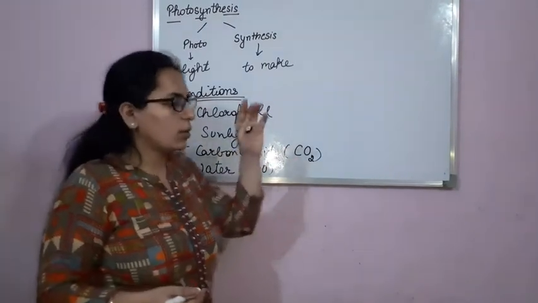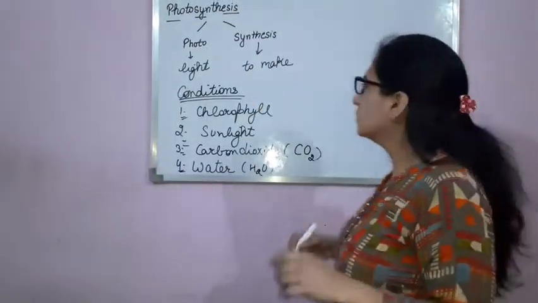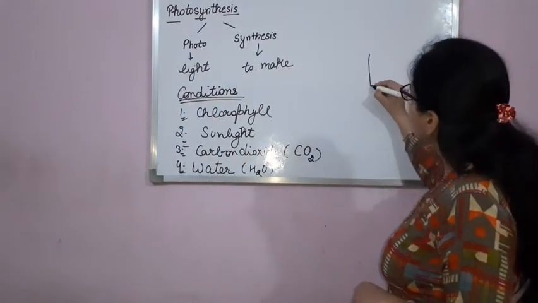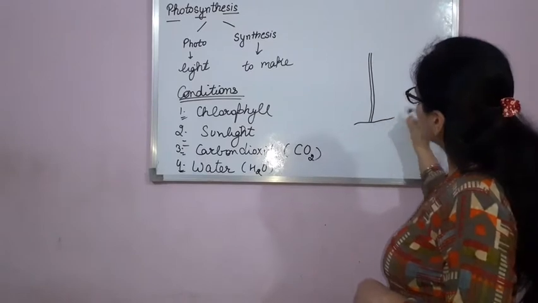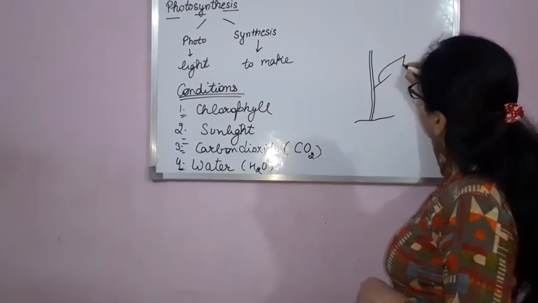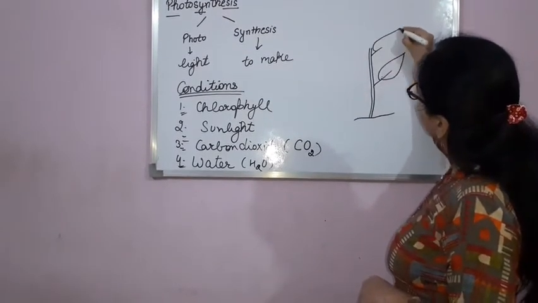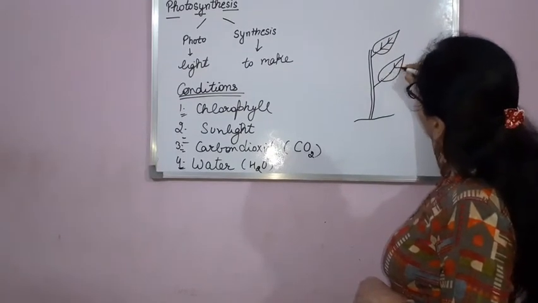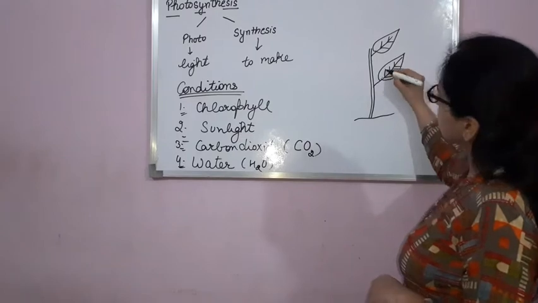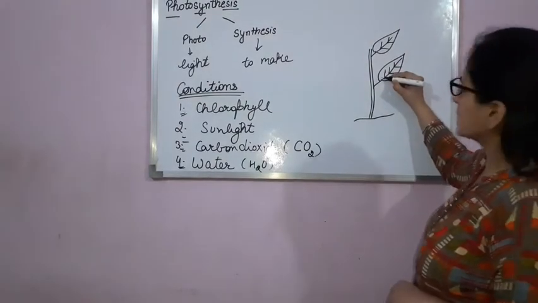Now let me explain this with a diagram. Suppose this is a plant. Here are the leaves, right? These are the veins. These lines. Similarly, here also.